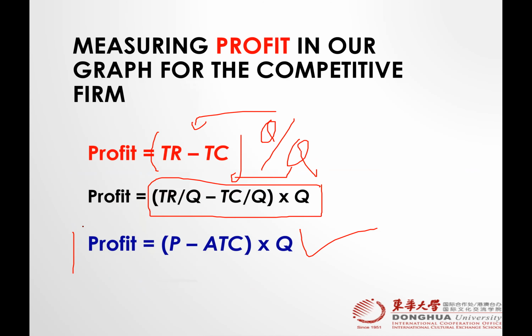So this is the formula for profit, which is market price minus average total cost multiplied by the quantity sold. That's it. Profit is equal to market price minus average total cost, and that difference you multiply by the number of quantities sold. That would be your profit.